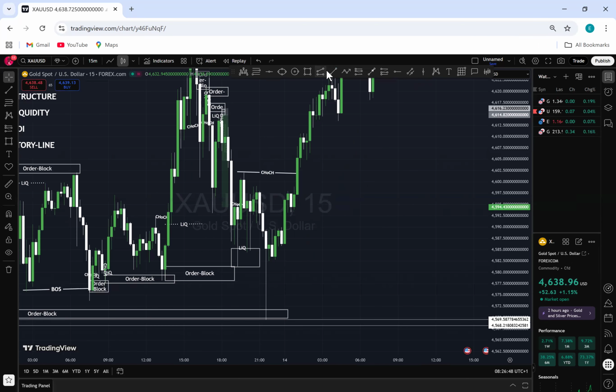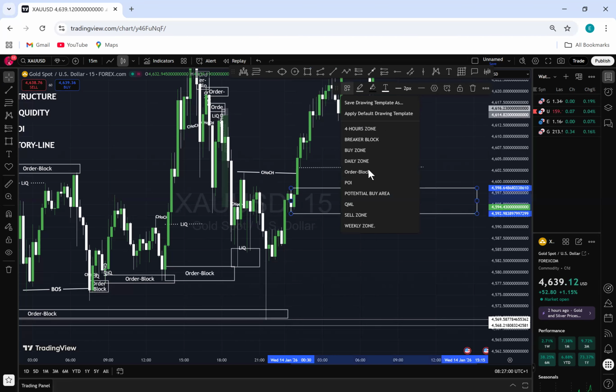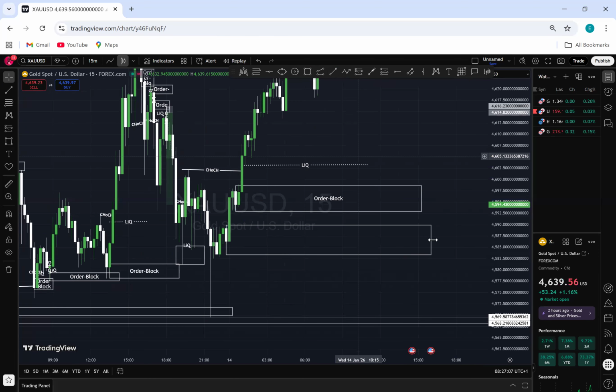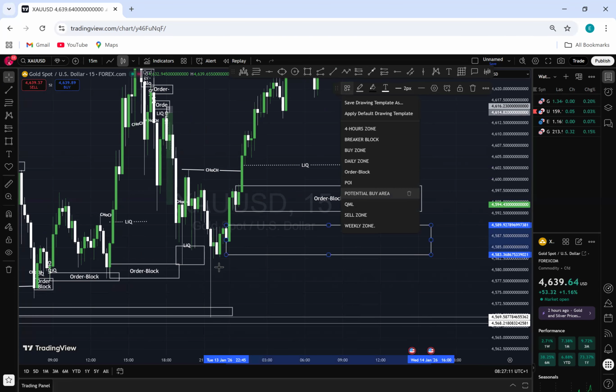And then we have this can act as liquidity for us. And then we have, first of all, this POI here, and then we have this POI here too. So what do we want to wait for? We want to wait for price to react from any of these POIs.